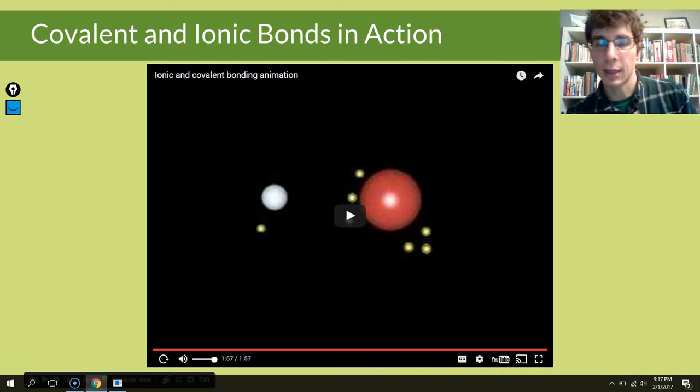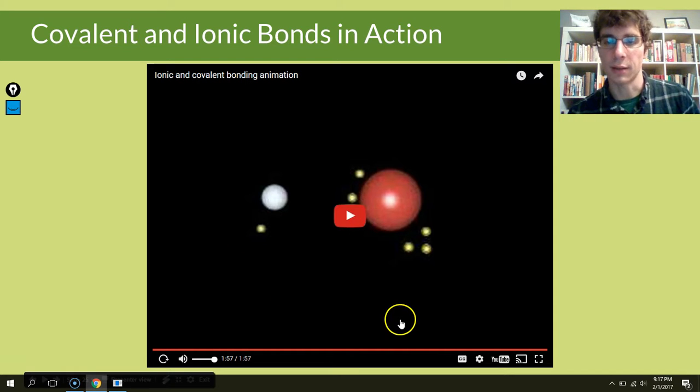Well, in the ionic bond, the chlorine wanted or had a stronger charge, so it completely pulled off that electron from the sodium atom, and that's what an ionic bond was. So in an ionic bond, there's no sharing of electrons. It's pretty much just like a vacuum sucking it right off of the sodium atom. That's the difference.